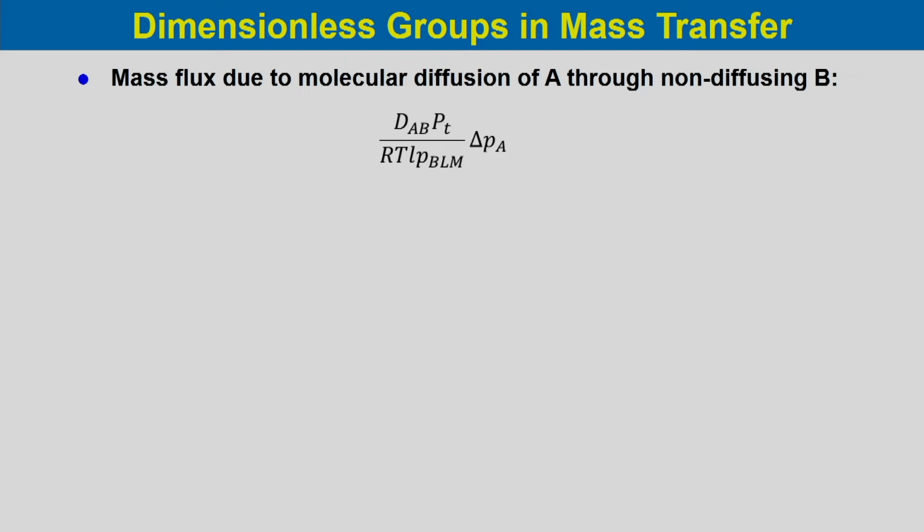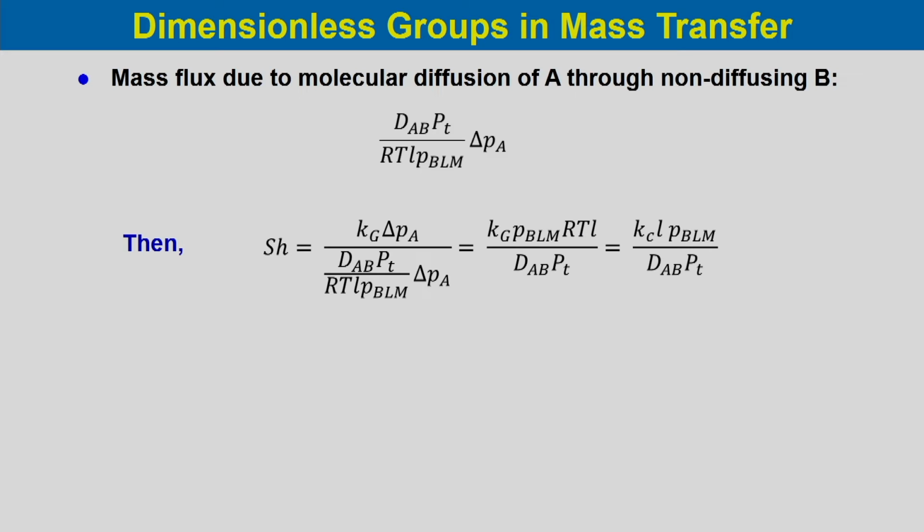So, we can write the Sherwood number as kG delta pA, that is the convective flux, divided by the diffusive flux, which is written over here. If we simplify, it would be kG pBLm R T L divided by DAB Pt, which we can write as kG L pBLm by DAB Pt.